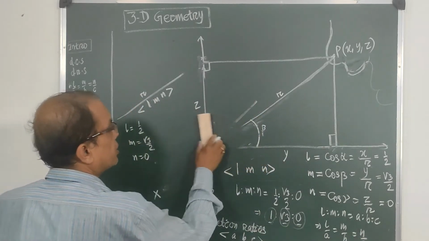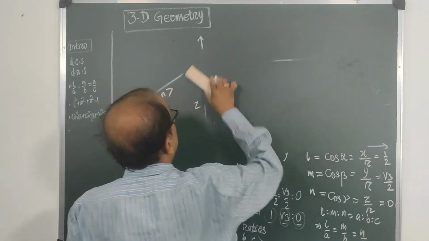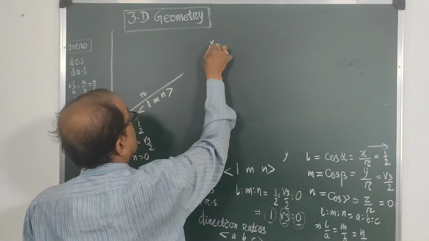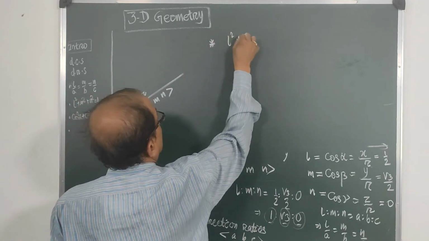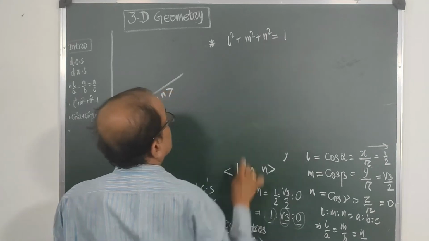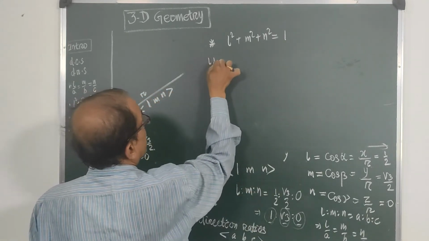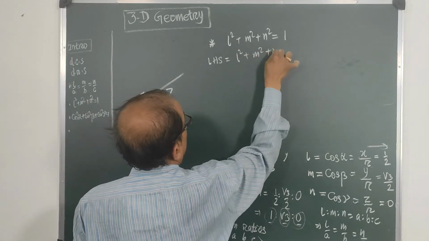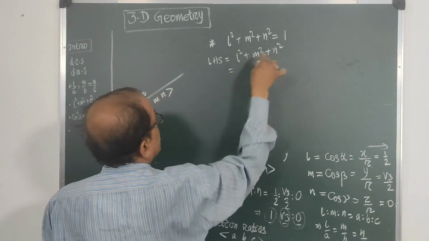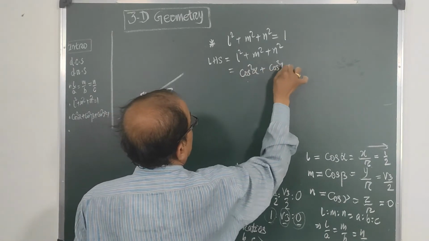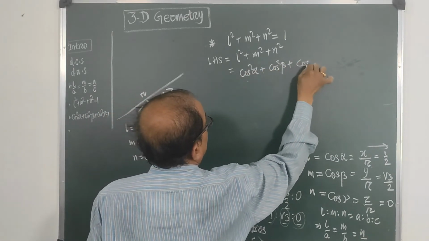And using this relation, what are the things we get? Let us find. One expression is L square plus M square plus N square is equal to 1. Let us prove it. LHS is equal to L square plus M square plus N square. Since these are DCs, we can write them as cos square alpha plus cos square beta plus cos square gamma.